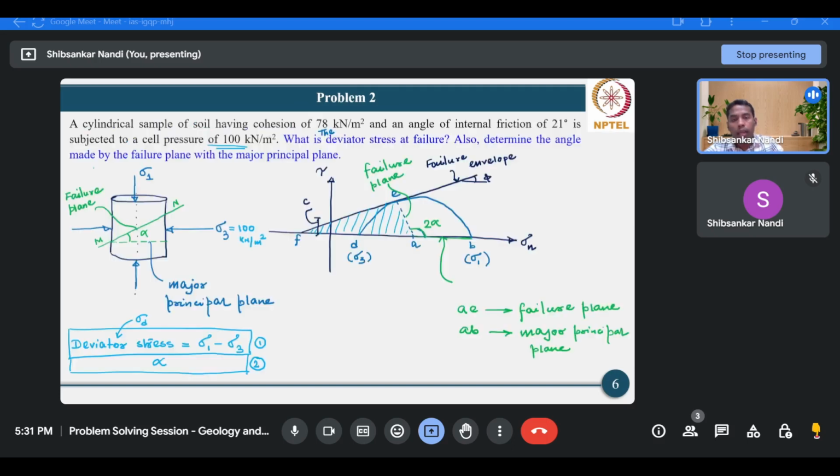Now from this triangle, if this angle is phi, then this angle should also be phi.